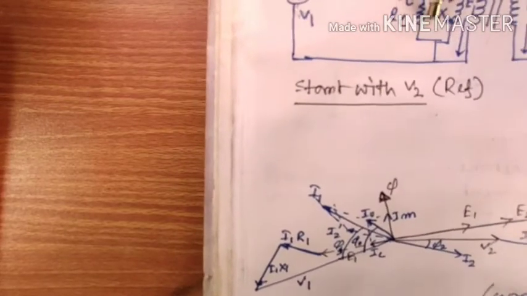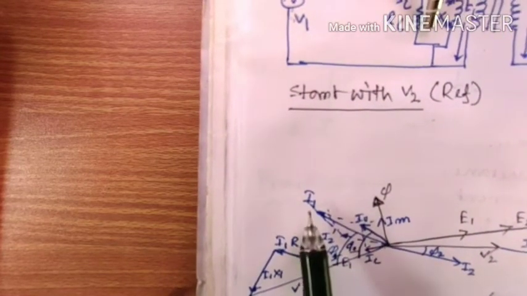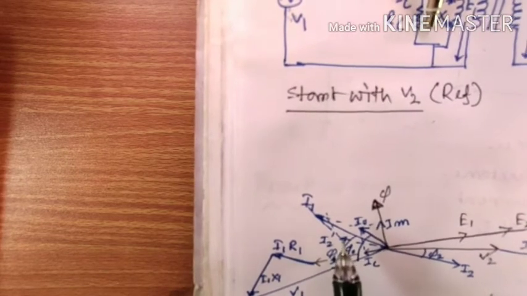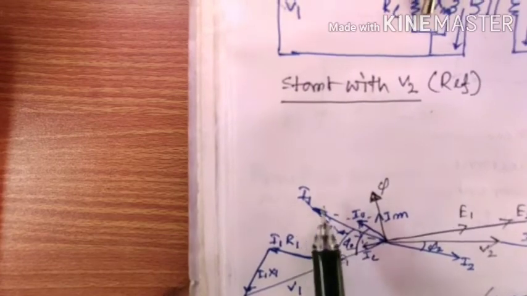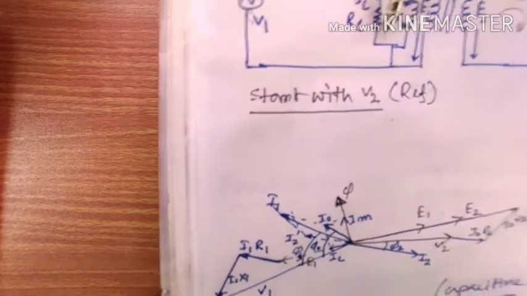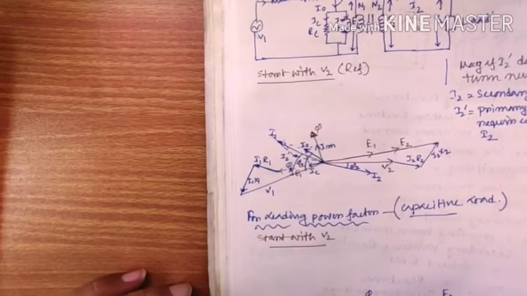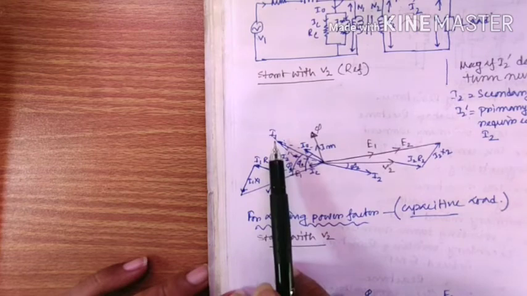Probably you can find it here. I have drawn it. This is I0. This one is I2. I2 prime is here, just the opposite line. This dotted line is I2. The summation of I2 prime and I0 gives us the primary current I1. So finally we have got the primary winding current I1.